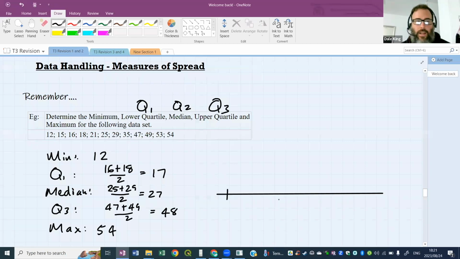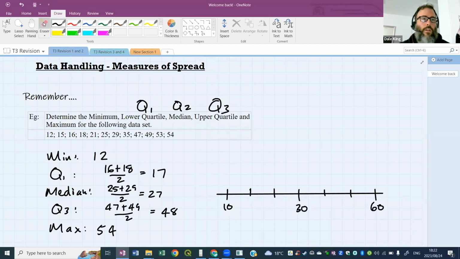Yay. All right. So I'm going to draw a ruler quickly and get a box and whisker plot out. I'm going to go up to 60. So that means the middle is 30. That means there, and then there, and then there, and then there. So I'm doing a very basic box and whisker plot. So 10, 20.